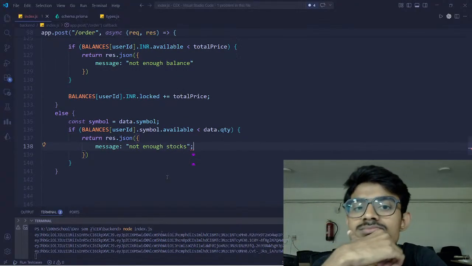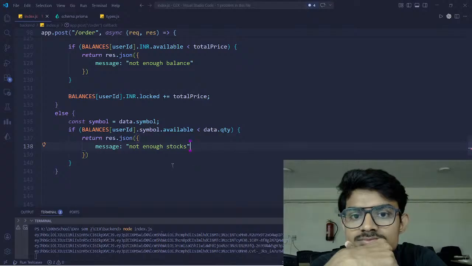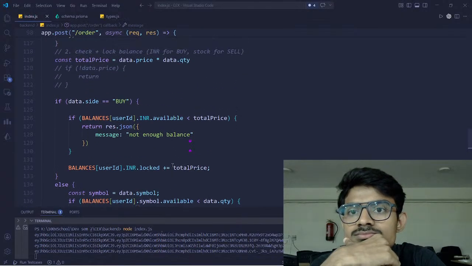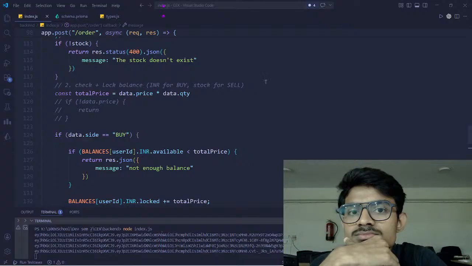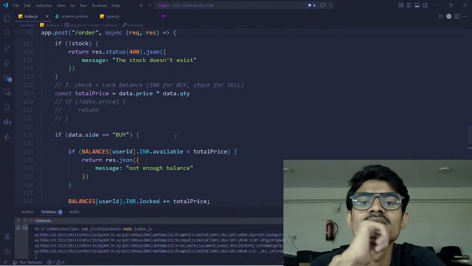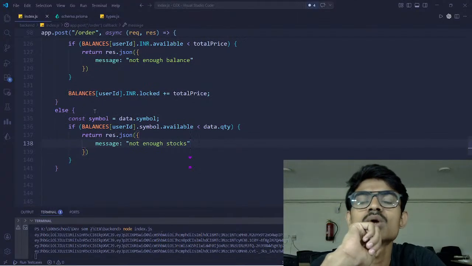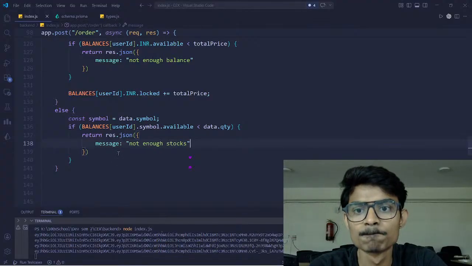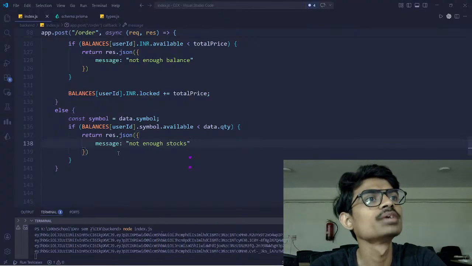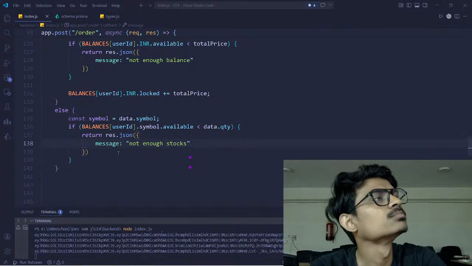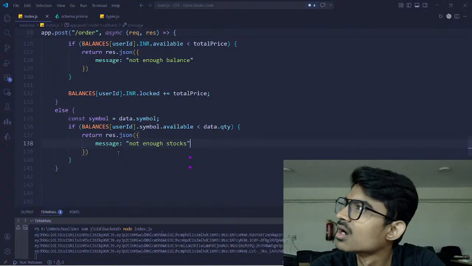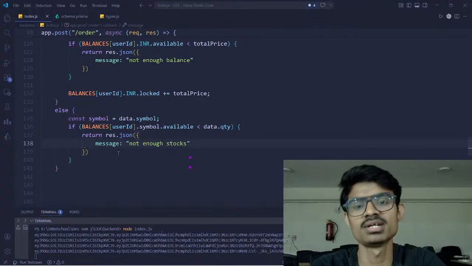So check plus lock balance. So I have to check and then I have to lock stocks. Should I lock stocks or not? I should, because I haven't locked them. Then I'll list them somewhere else, and for now I'm locking it.